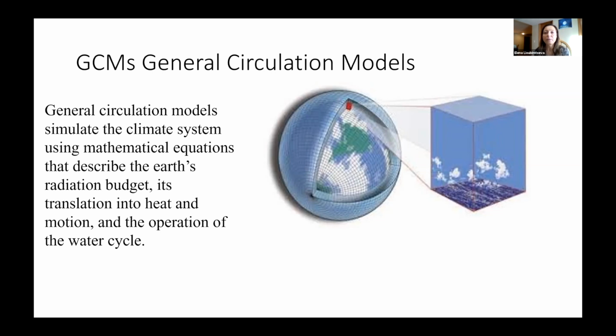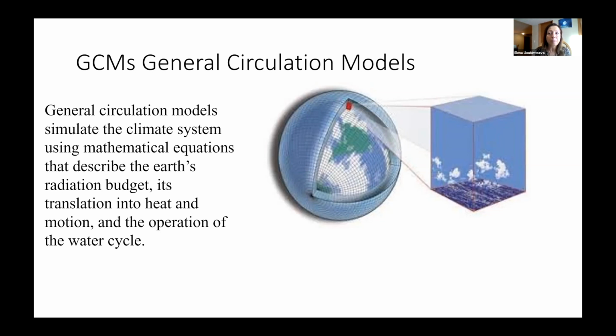many systems of mathematical equations that describe different processes happening in the climate system, and they focus on the changes in the Earth's radiation budget as it changes due to both natural processes and higher concentrations of greenhouse gases. So GCMs can simulate our climate system for any given period of time.